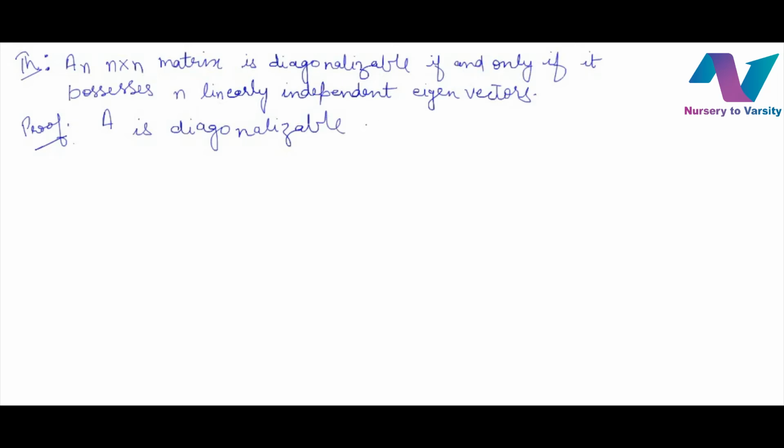It means there exists P such that P equals x1, x2 up to xn, which is non-singular. Of course, P is invertible.